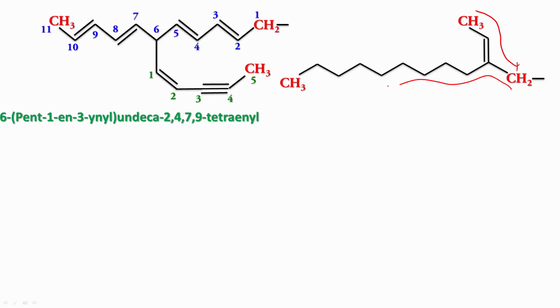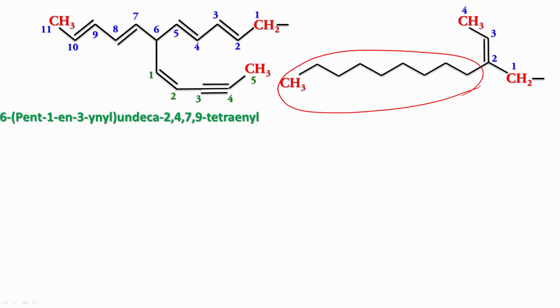This may contain more carbon atoms, but it doesn't contain both the carbon atoms with the double bond. Remember, the parent chain must contain all the carbons of the double and triple bonds. So 1, 2, 3, 4. And there are 9 carbons here, so it's nonyl. So this is 2-nonylbut-2-enyl.